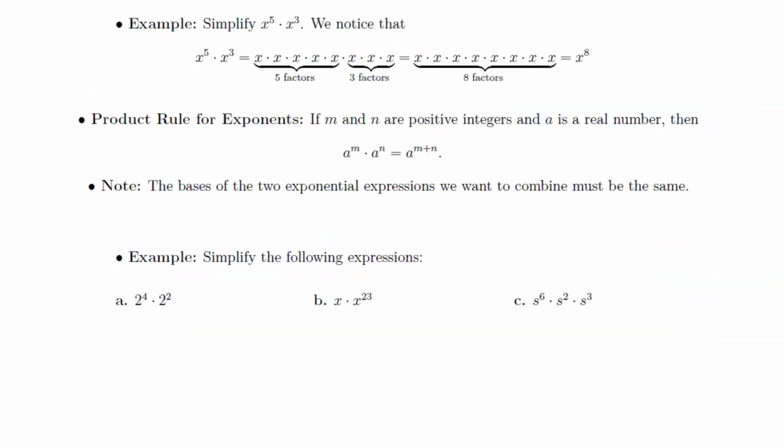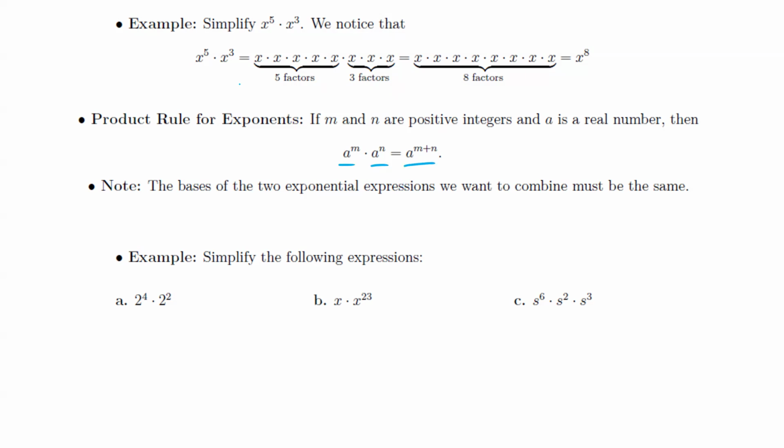All right, so what we're going to do over the next number of pages in your notes is talk about some specific exponent rules that we're going to use throughout this quarter. The first one is that if you are multiplying two exponential expressions together and their bases are the same, then what you can do is actually add the exponents in order to simplify. So a to the m times a to the n is a to the m plus n. You add them.